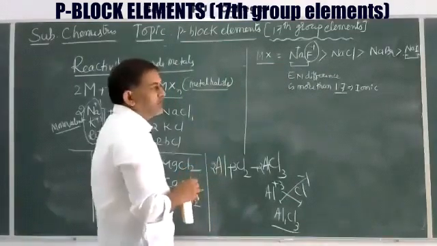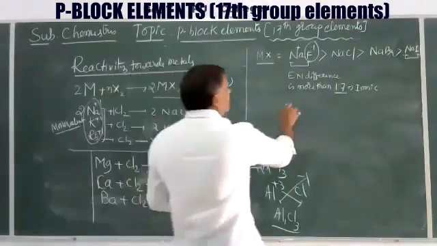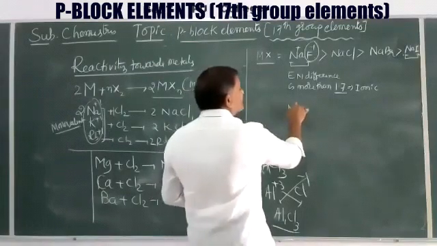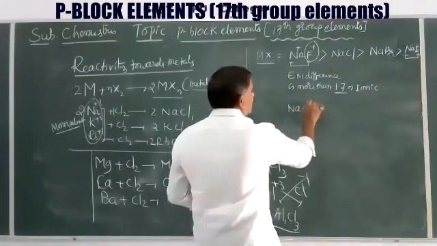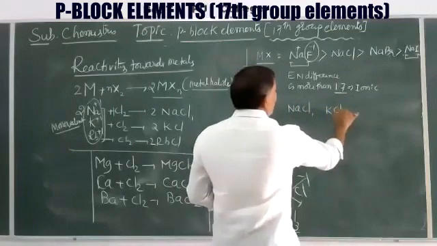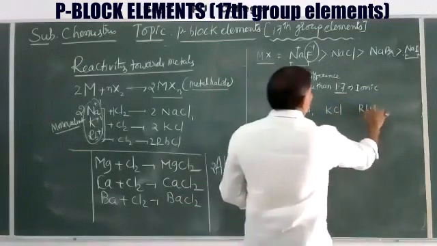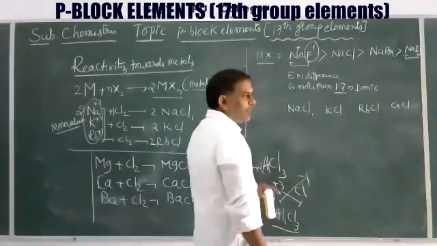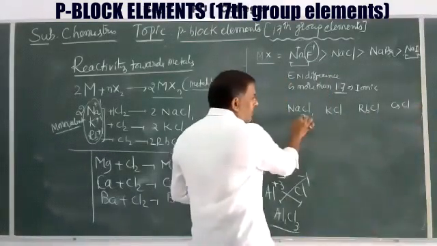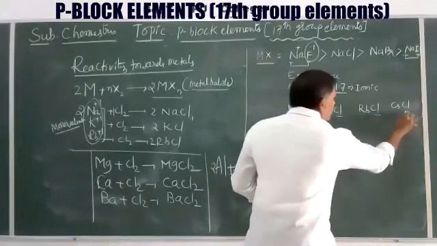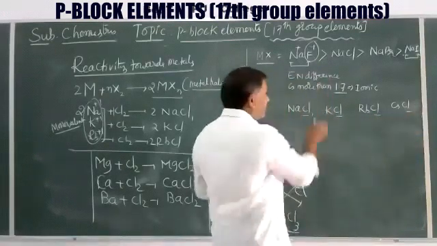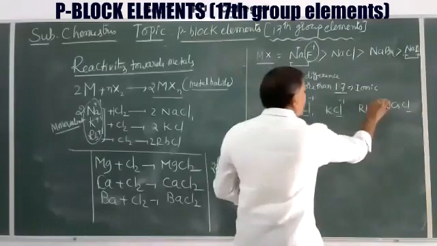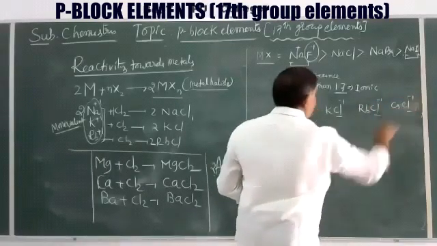many examples are given in chemical bonding, like sodium chloride, potassium chloride, rubidium chloride, cesium chloride. Here Cl is common, with -1 charge, so the anion is common in all the cases.